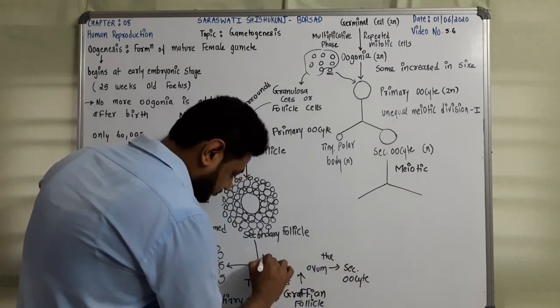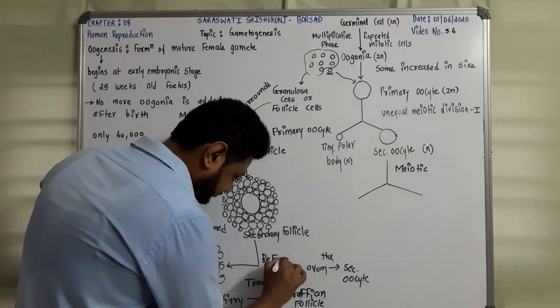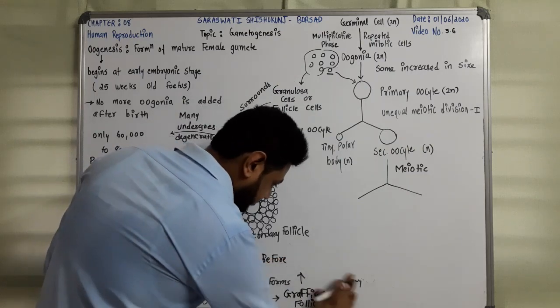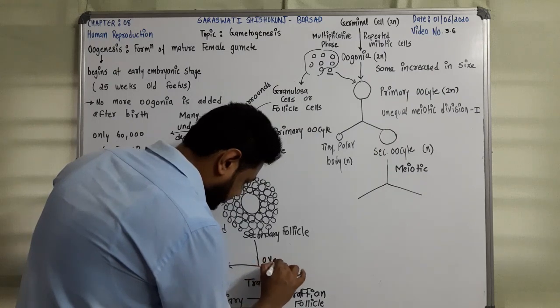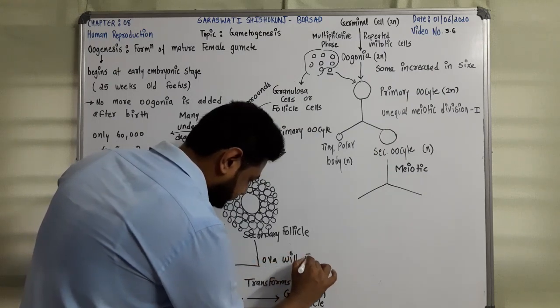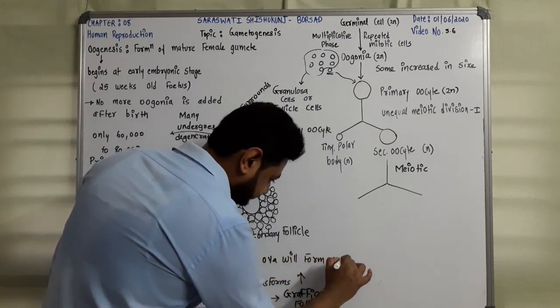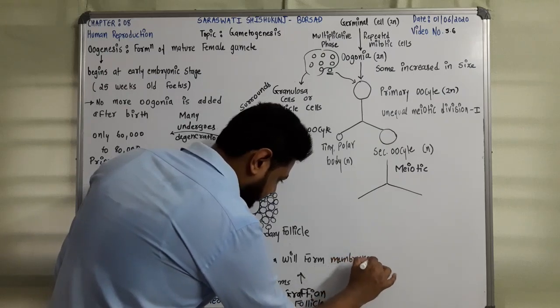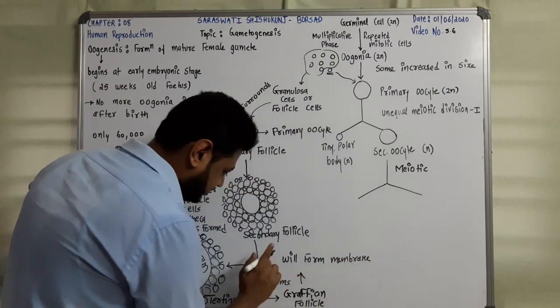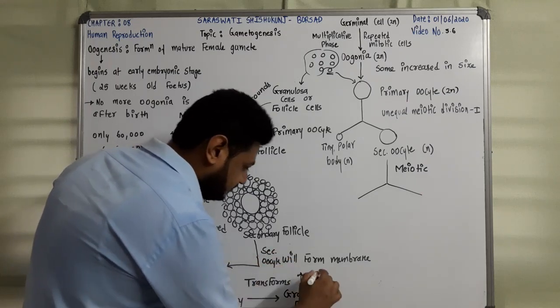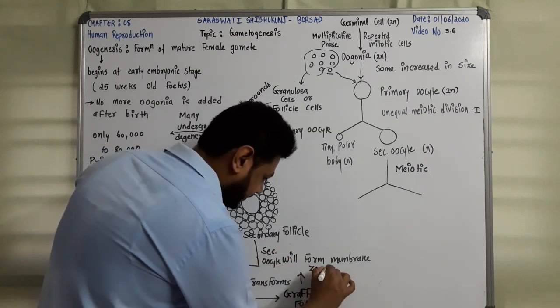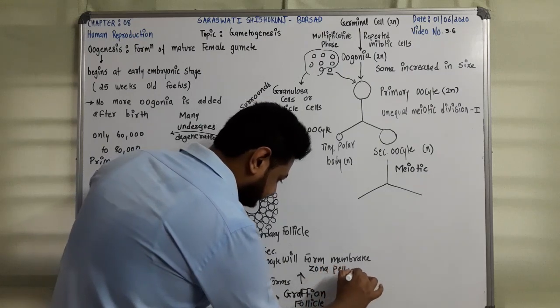The secondary oocyte will form the membrane zona pellucida.